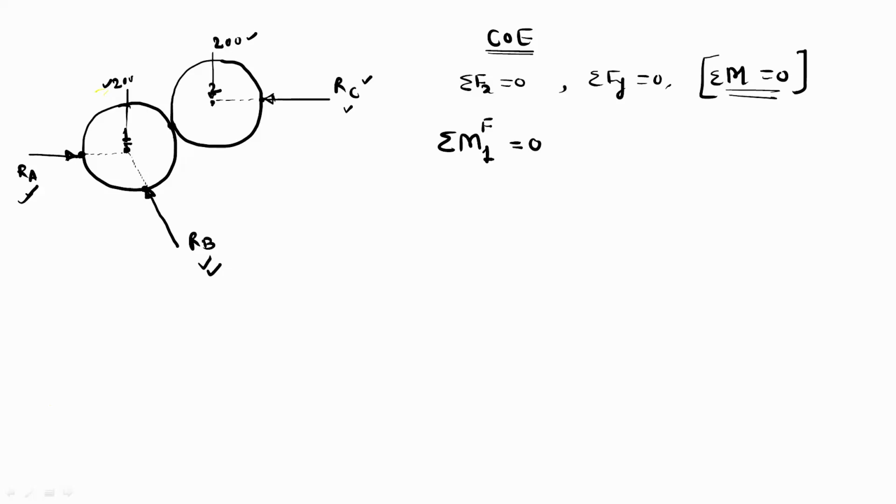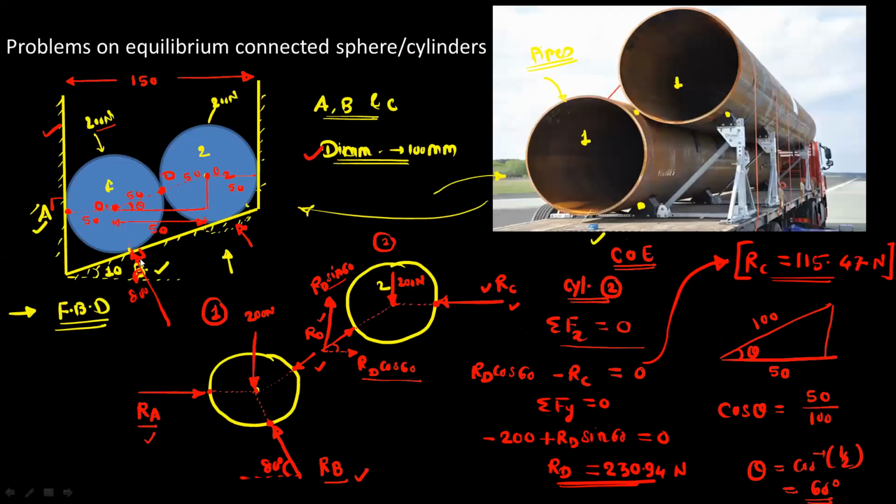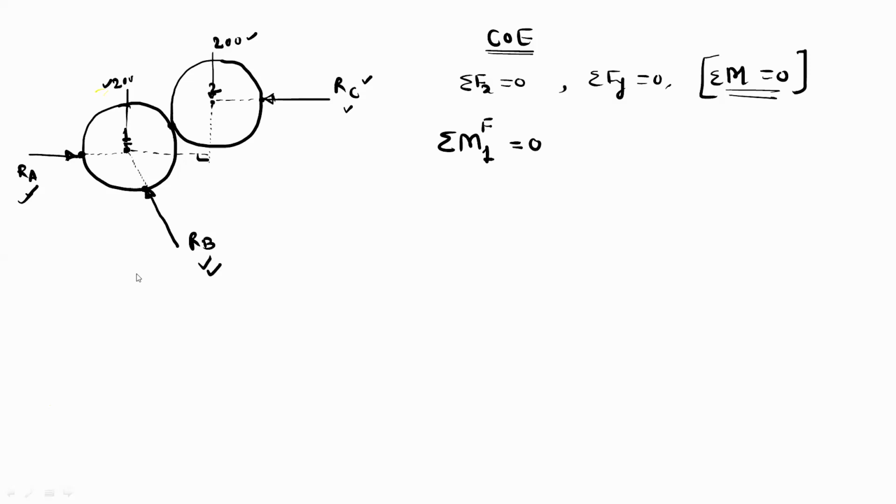So for this 200, this is the perpendicular distance. Okay. And this distance we have just found out. So this is equal to 50 mm. So we can write the moment as 200 into 50, and this moment is clockwise, so it is minus.